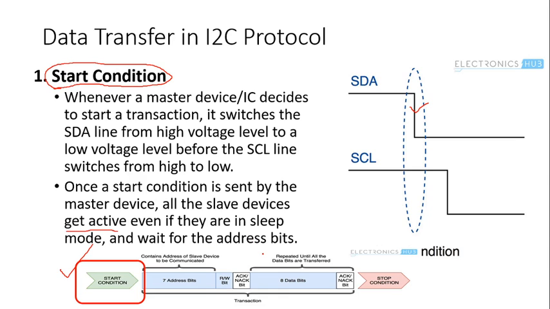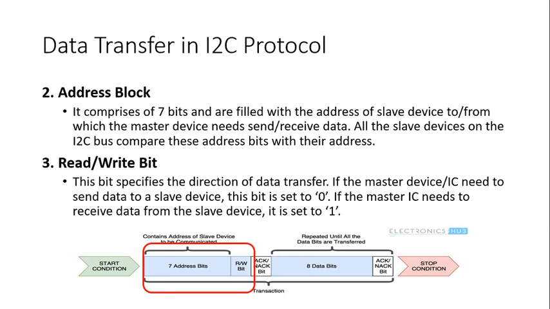Though the peripheral devices or slave devices are in sleep mode, they will respond to the master, and they will wait for the address bits from the master. So this is called the start condition.